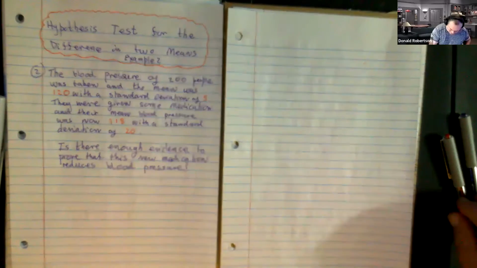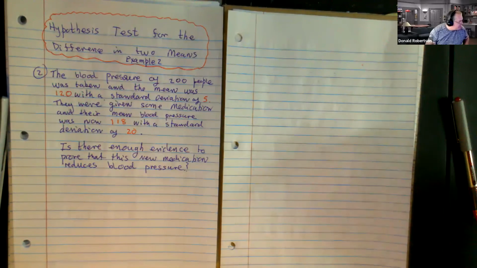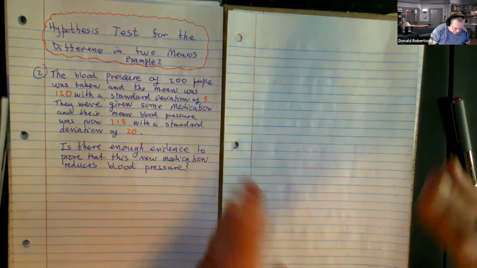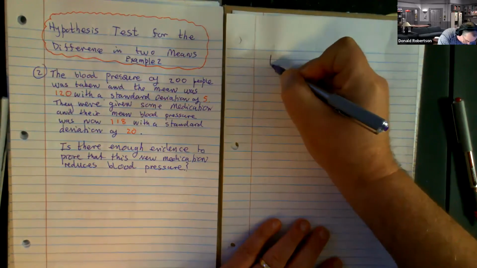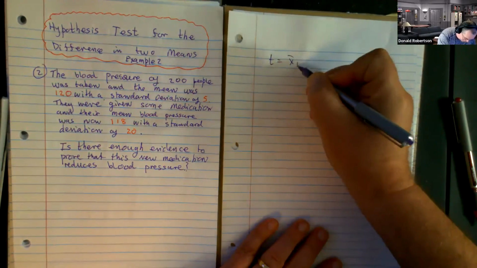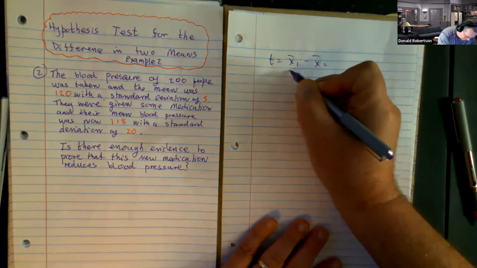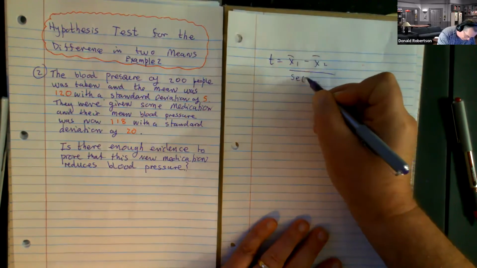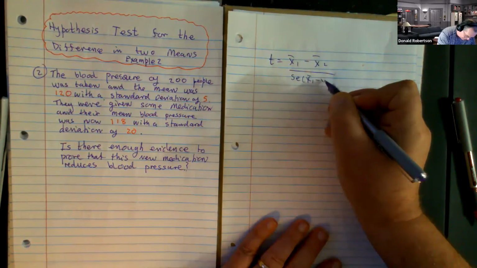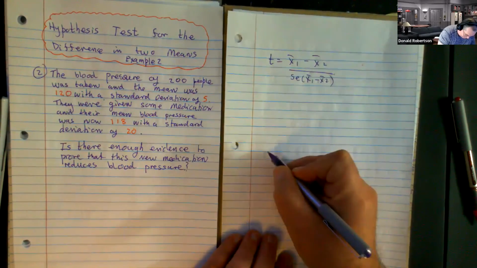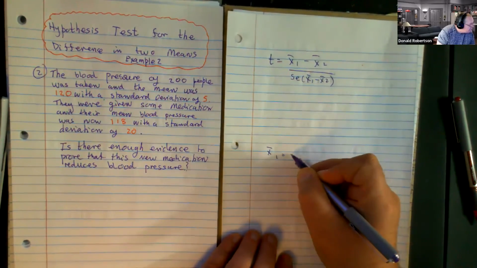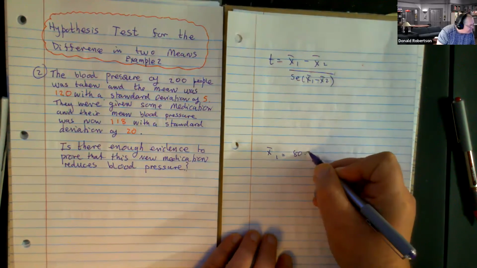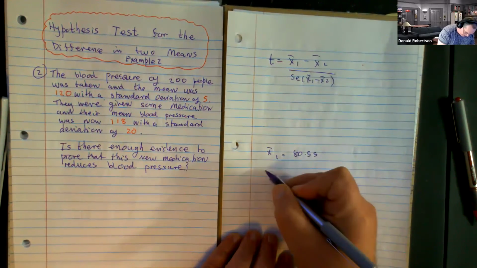So we're going to calculate the t-score from a set of data that's given in the question. So it's going to be x1 bar take away x2 bar all over the standard error. Where I've been told that that's the value for the first mean.